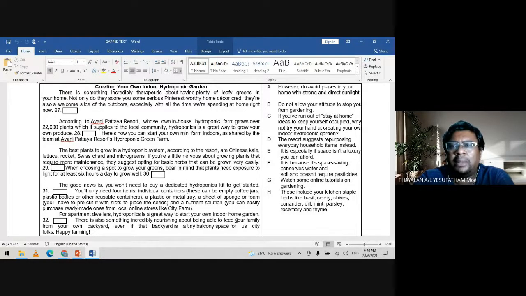However, do avoid places in your home with strong and direct sunlight. Of course, they need light, but not too direct. That's what they're trying to say. So number 30, the answer is A. Now we have options D, E, G, and B.